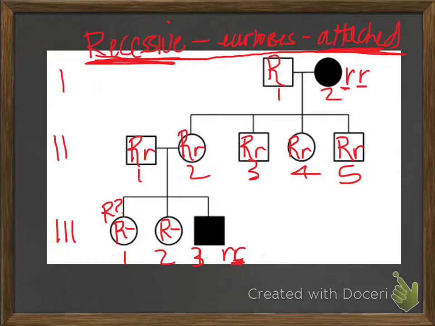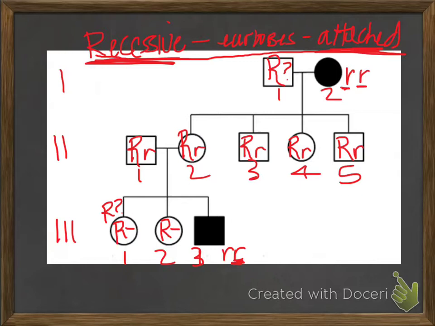Now looking at generation 2 and all the siblings, how none of them have the recessive trait, it'd be easy to say, oh, he's got to be big R, big R. But it's a chance event. So instead of doing that, I'm going to do a question mark, because I can't assume. It's easy to tell the second generation because I can use the first and the third to fill in the blank, but I'm stuck here. I'm not going to make that assumption, so I'll just leave a question mark.